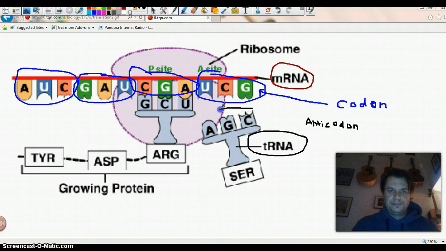Anti, of course, means the antithesis or opposite of the codon. So don't forget, the codon is part of the mRNA. The anticodon will be part of the tRNA.